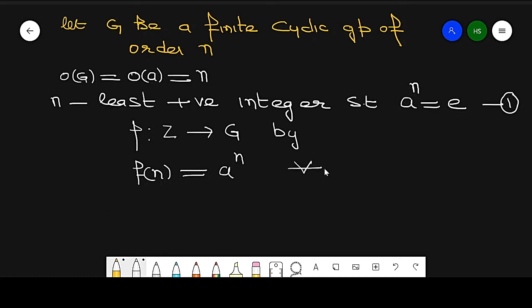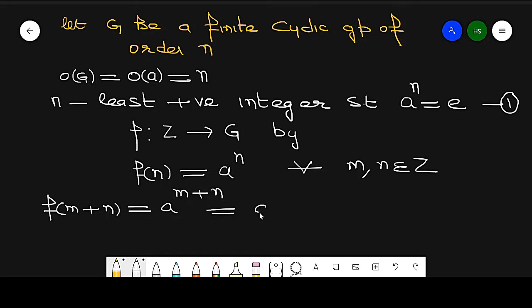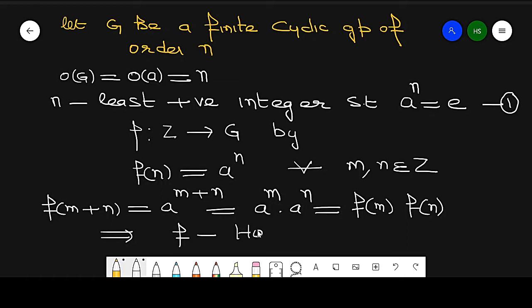To prove it is a homomorphism, I repeat it again. f of m plus n is equal to a raised to power m plus n, which can be written as a raised to m times a raised to n, which is f of m into f of n. So this map f is a homomorphism.